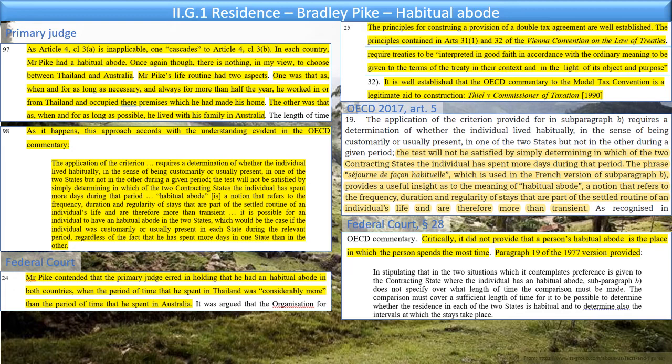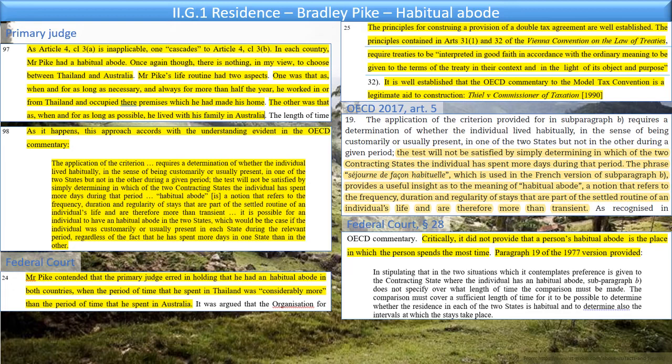They say, critically, it did not provide that a person's habitual abode is the place in which the person spends most of his time. Totally agree. See paragraph 19. Then they quote paragraph 19 from the 77 version, which is now, I believe, 19.1. And that says, in stipulating that in the two countries which it contemplates, preference is given to the contracting state where the individual has an habitual abode, subparagraph B does not specify over what length of time the comparison must be made.